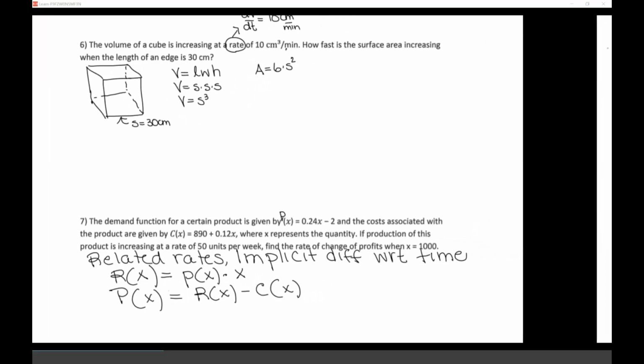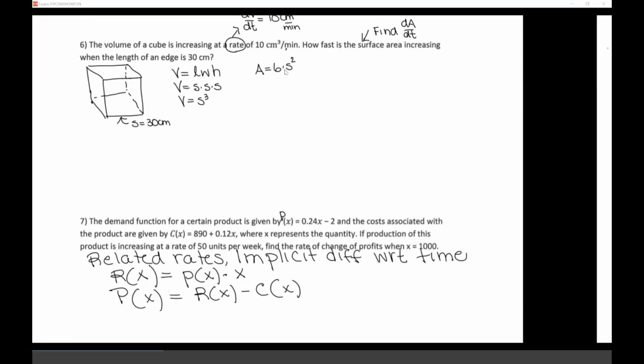In order for me to do implicit differentiation on the surface area, to find dA dt, I am going to need to know how fast the sides are increasing because I'm also going to need to differentiate S with respect to time.